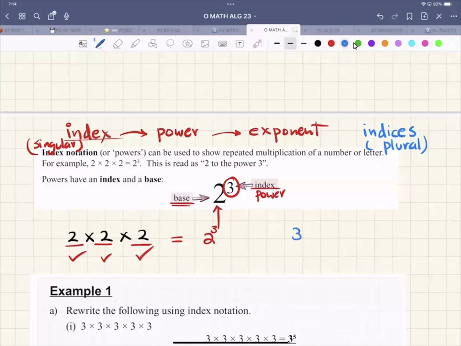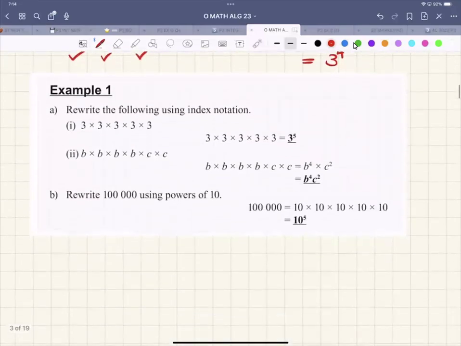Similarly, if I have 3 multiplying by itself 4 times, so now the base is 3 but it's multiplying itself 4 times, so that is 3 raised to power of 4. So the first example is pretty basic. Rewrite the following using index notation: 1, 2, 3, 4, 5, that is 3 raised to power of 5.